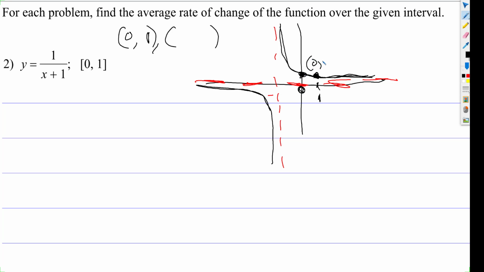It's right there, that's 0, 1. I'm so used to the parent graph, I almost reverted to that. And then we're going to plug 1 in. Well, that's 1/2. So this point right here is going to be 1, 1/2.